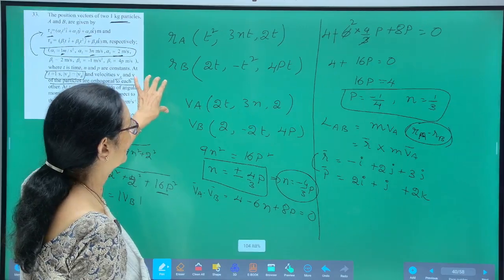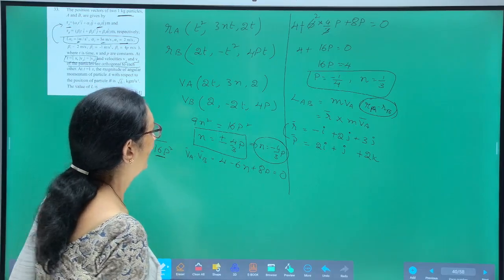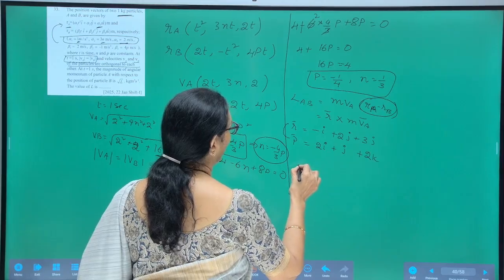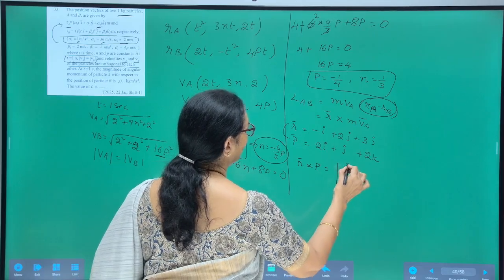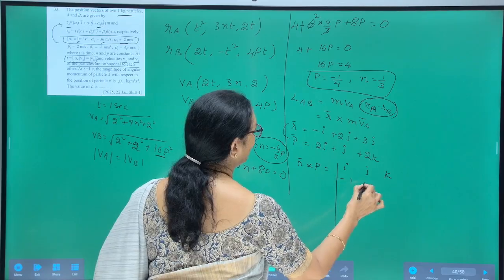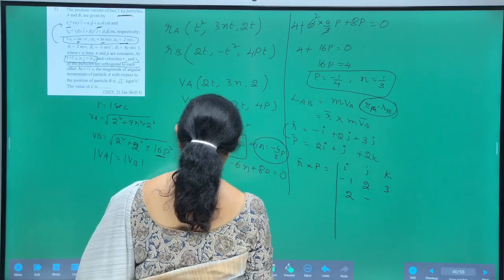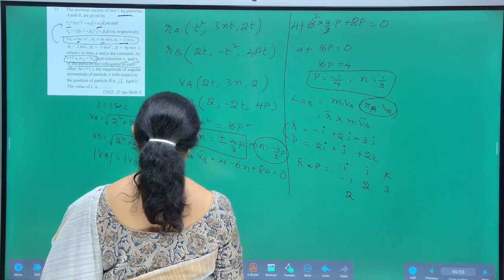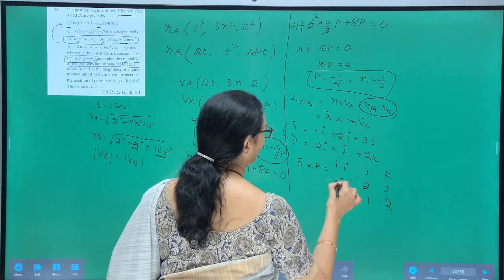So, now you have to find out R cross P. So, let us try to find out R cross P from this expression. Look here. So, R bar cross P bar is equal to determinant I, J, K, minus 1, 2, 3, 2, 1, 2.